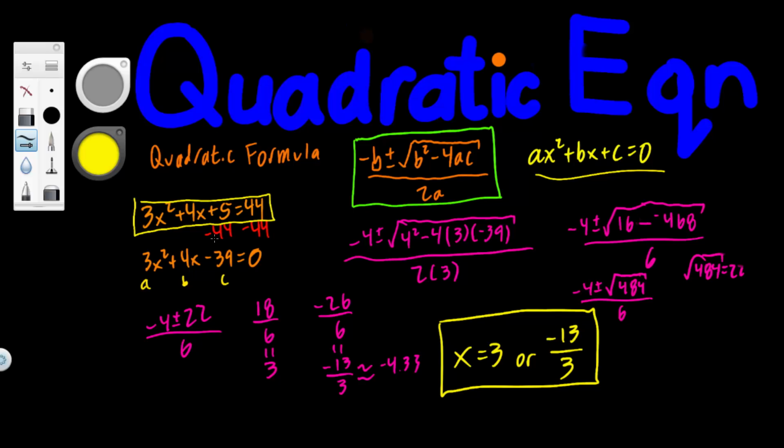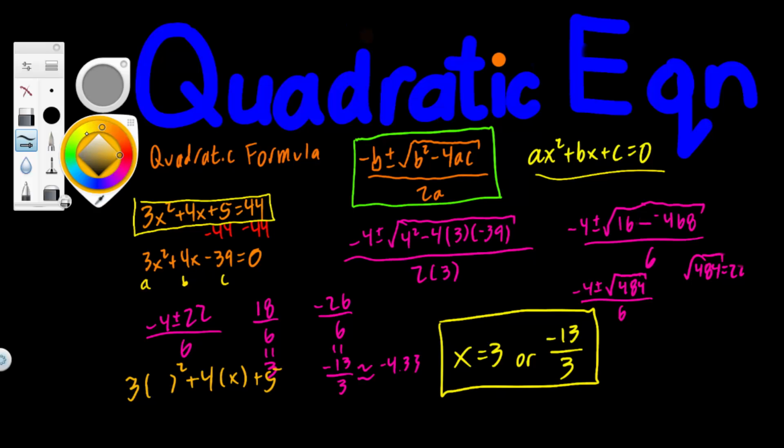So let's check one of them. The easy one is the 3. So let's see, we've got 3x squared plus 4x plus 5. Let's put in the value that we got for x. That's a 3 is what we solved for x.